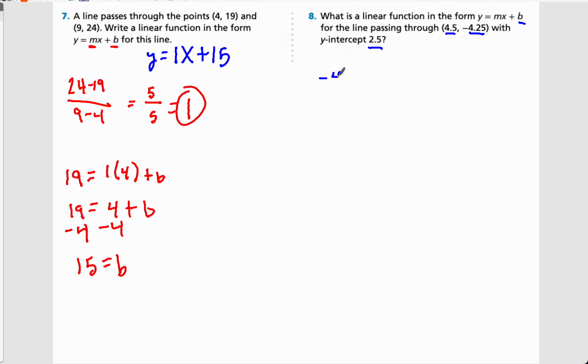So let's do that. Negative 4.25 equals m, which I don't know, times 4.5 plus 2.5. Plus the y-intercept. Subtract 2.5.